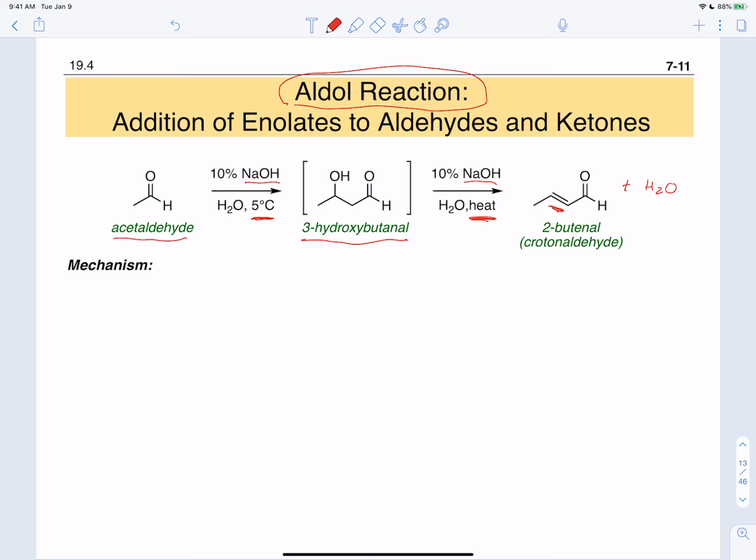So mechanistically, this is going to proceed in the same way we had before. Where the alpha hydrogen of this aldehyde is quite acidic, and we can have hydroxide make a small equilibrium with the enolate form.